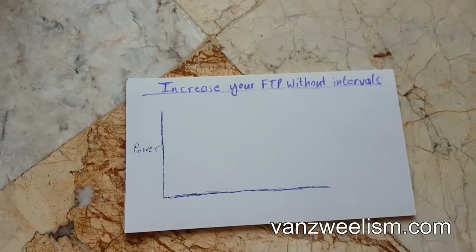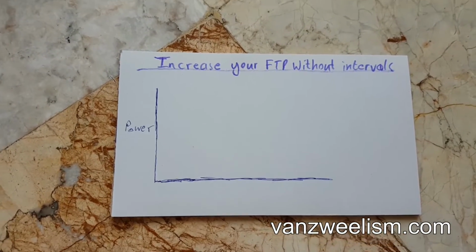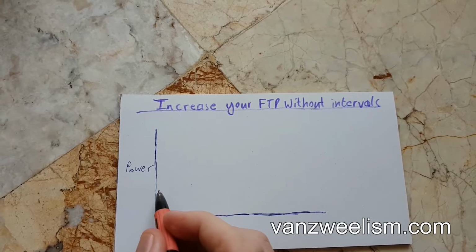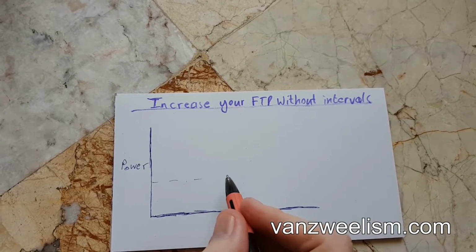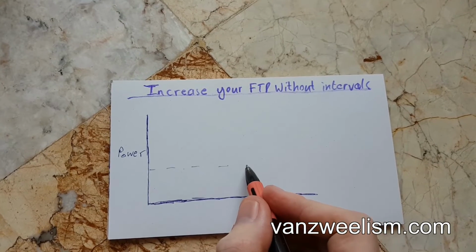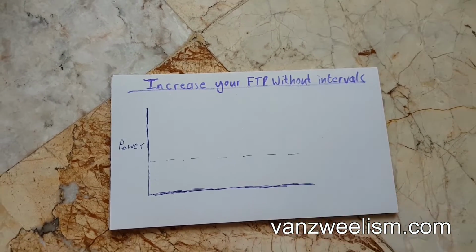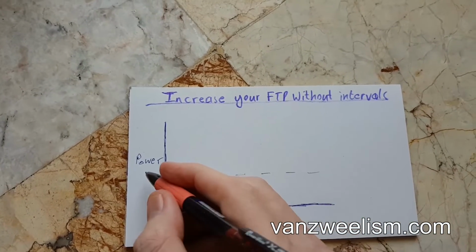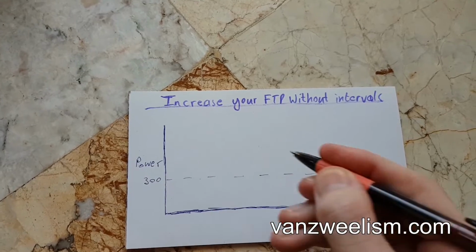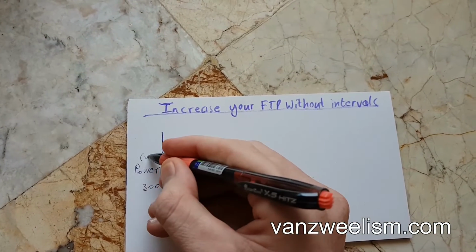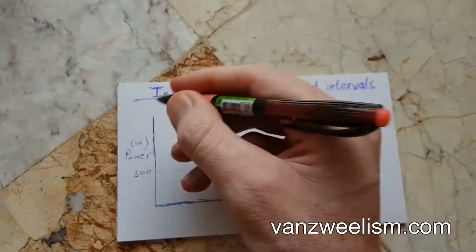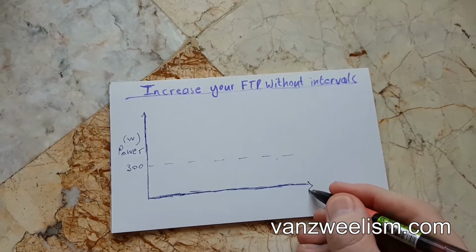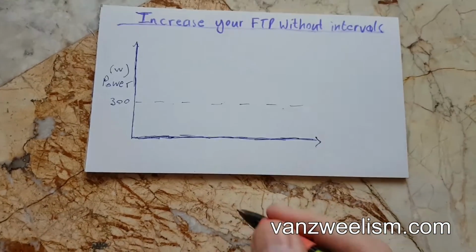And let's say the functional threshold power of the athlete is 300 watts. So we'll make the FTP line here, just the little dashes, and put it at 300, in watts, and let's put the little arrows here, just to make it look a little bit cooler, and here we'll put the time.